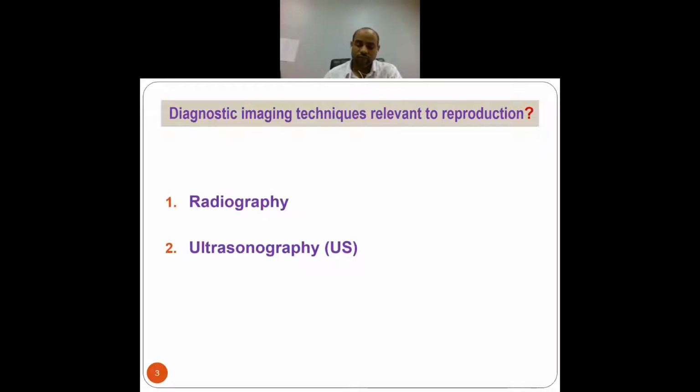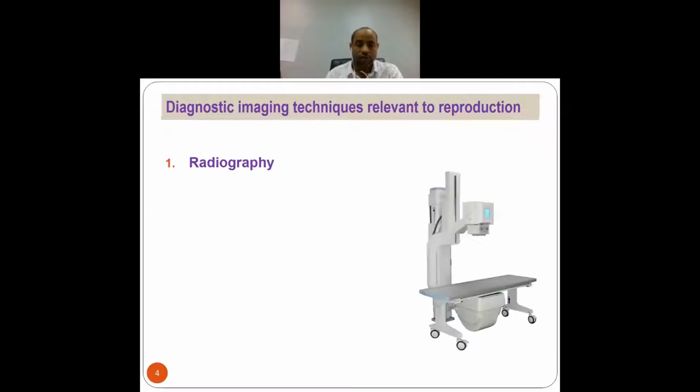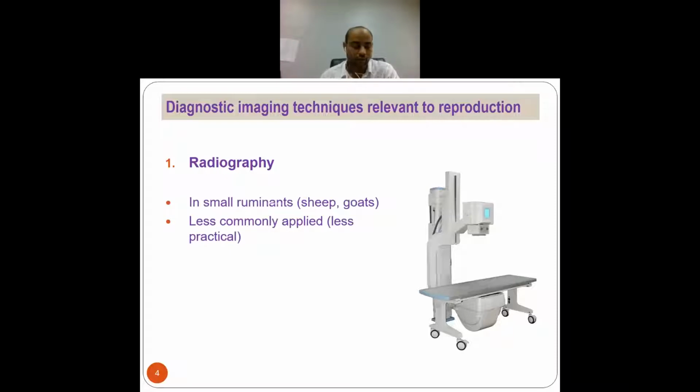These two imaging techniques have their own advantages and also disadvantages. If you look at radiography, if it is required, it is most commonly applied in small ruminants like sheep and goats. That is referring to the reproduction aspect.